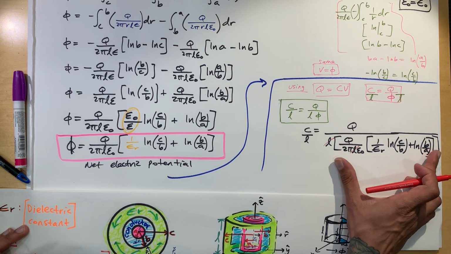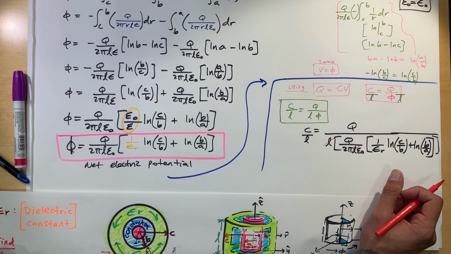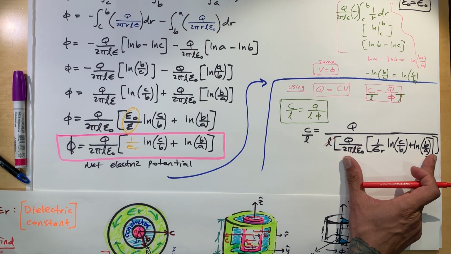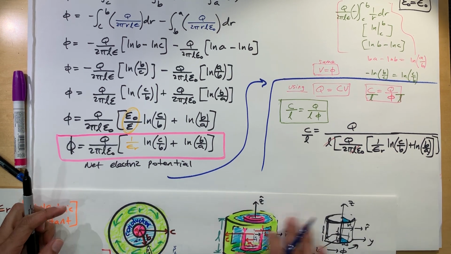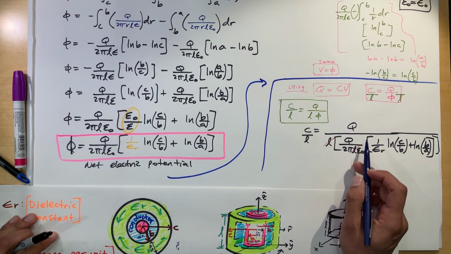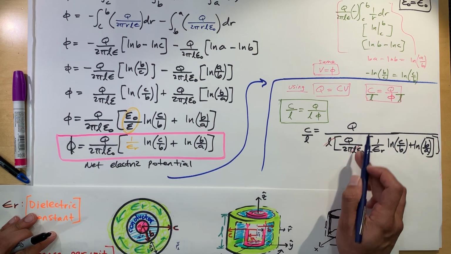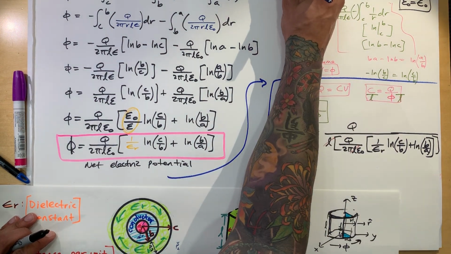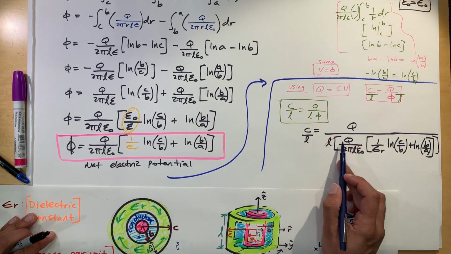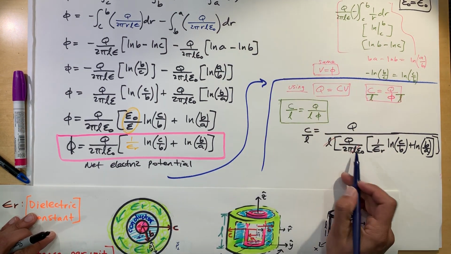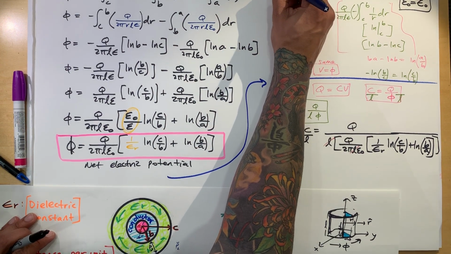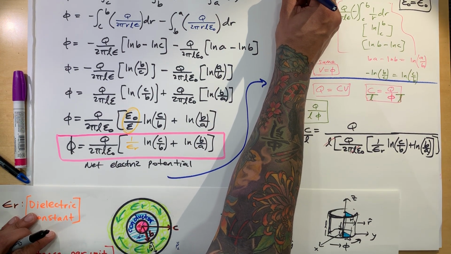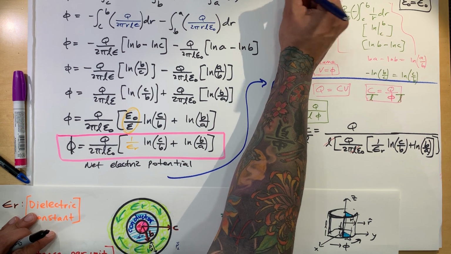This is a tricky algebra move, so maybe I should do it in some steps. I want to show just this part right here on top over here. So we have Q, which is this Q, over, I have this fraction on the bottom. So we're going to take it piece by piece, right? 2 pi L epsilon naught, and we don't have the L anymore.